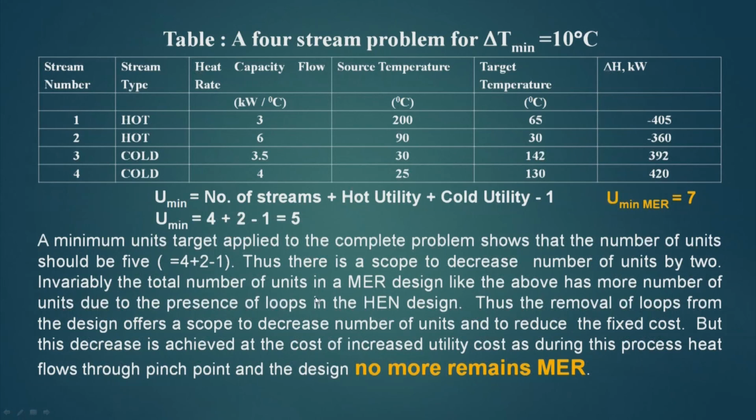When we go for a MER design, we create some loops in the HEN, and in this case we detect that there are 2 loops, 7 minus 5 equals 2 loops. These loops have been created because the hot end and cold end designs are designed separately without consulting each other.